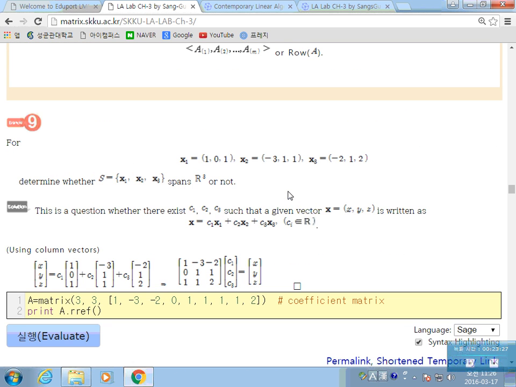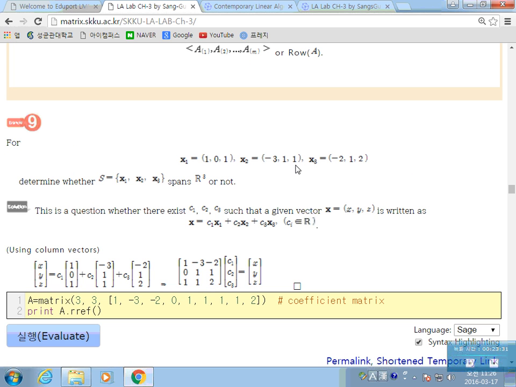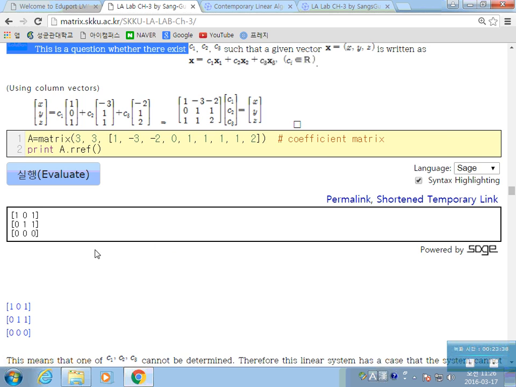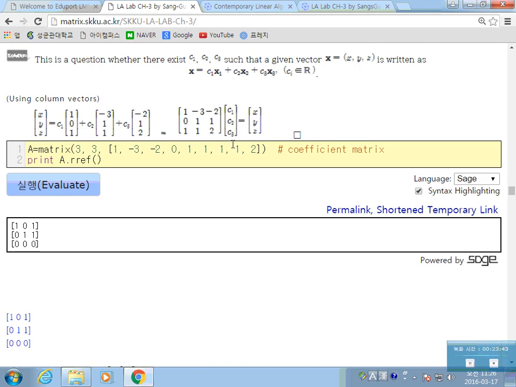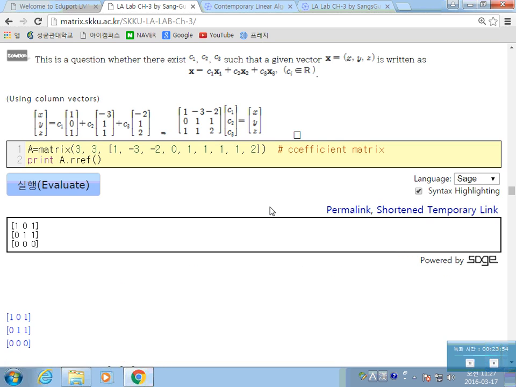So actually, what this really means is we have three vectors, and we will examine this with the definition of linear independence. You think about this example in more detail.